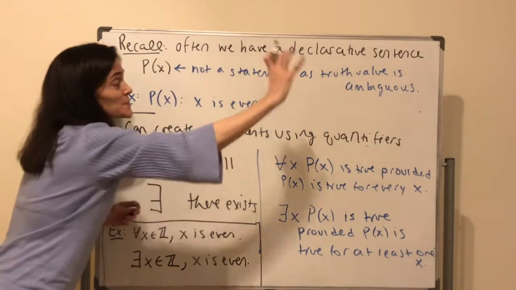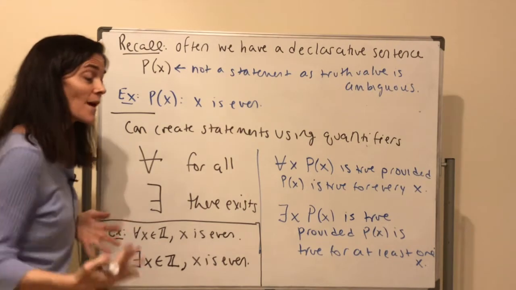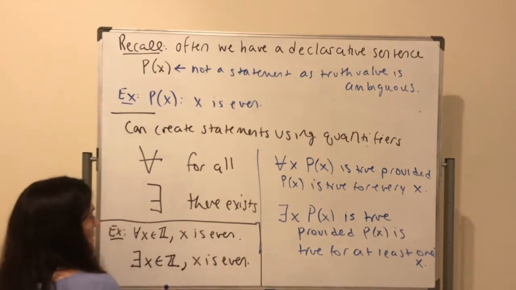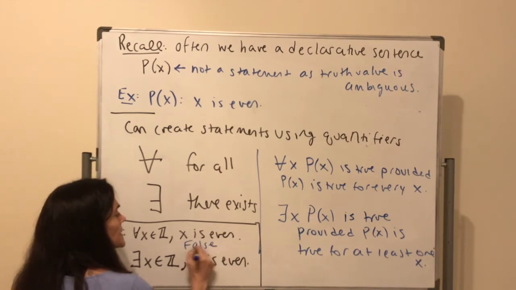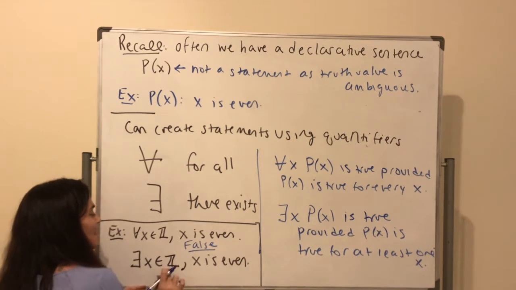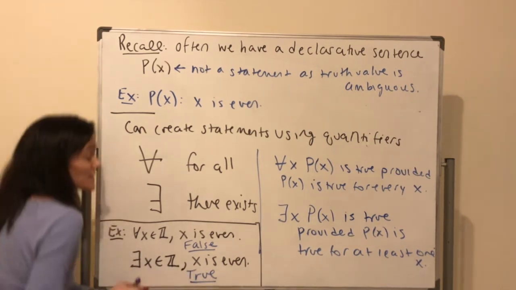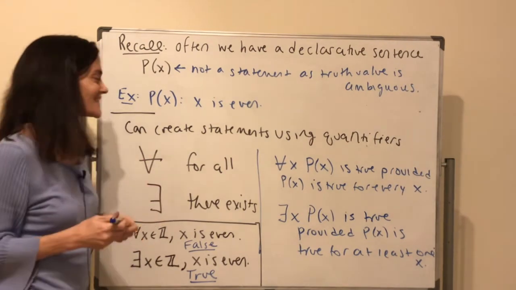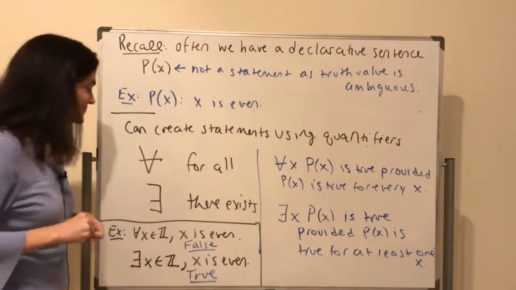We don't have this problem with the truth value being ambiguous because I added this quantifier in front. This one, for all X in Z, X is even, is a false statement because, of course, for instance, 5 is not even. There exists X in Z such that X is even. This is a true statement. So let's do some more examples with these quantifiers.